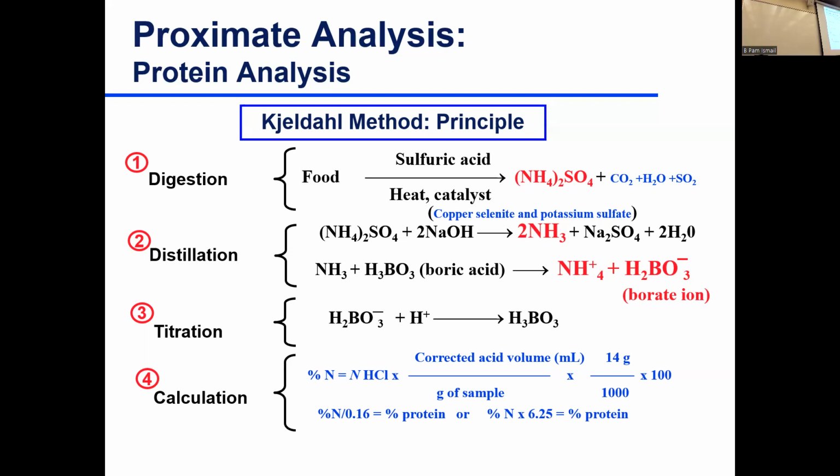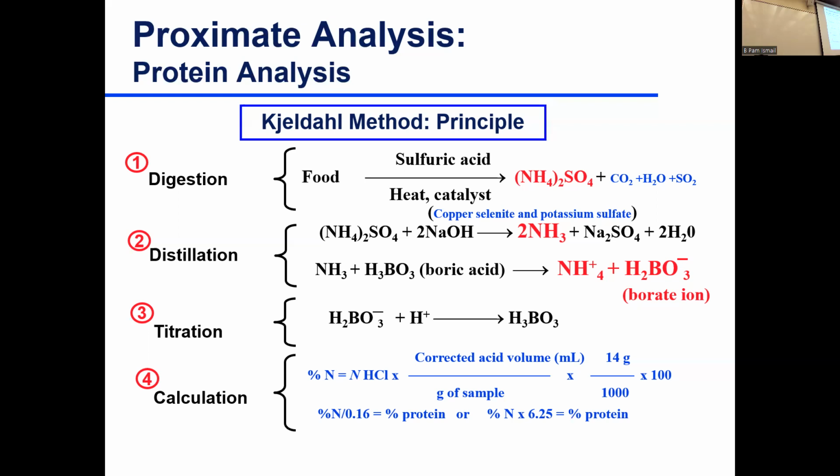So basically at equilibrium, number of moles of acid equals number of moles of nitrogen, and that's how you can get the nitrogen content, because you have the volume of titration, you corrected with a blank, you have the normality of the HCl, you have the molecular weight of nitrogen, and then you have the weight of the sample.